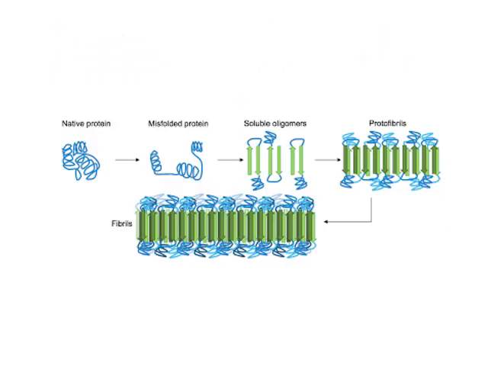Let's explain the issue in this figure. This is a native protein synthesized from a chain of amino acids, newly synthesized, and this is a misfolded one. The misfolded protein is unstable, so it tends to attach to other misfolded proteins.